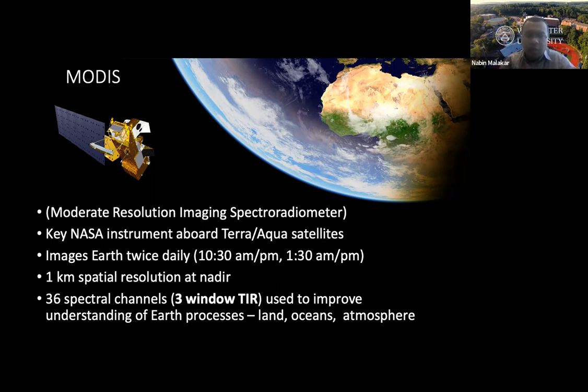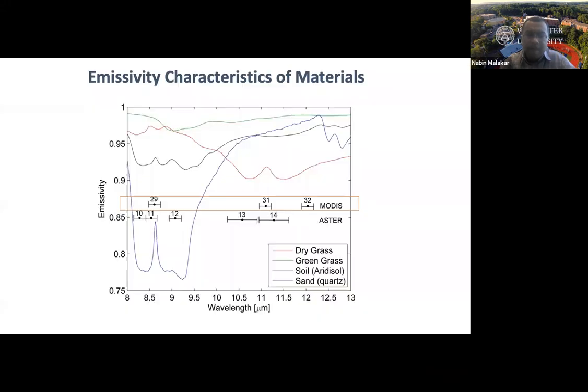So if you're looking at the earth, you're looking at the emissivity, and each of the surfaces has different characteristics of emissivity. This is a diagram basically showing the response of the different land cover types. For example, if you have dry grass, it has different emissivity at different wavelengths than if you have sand.